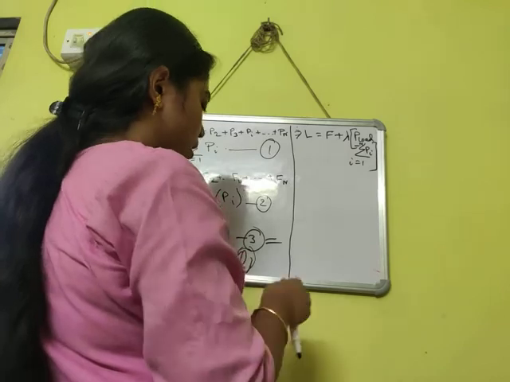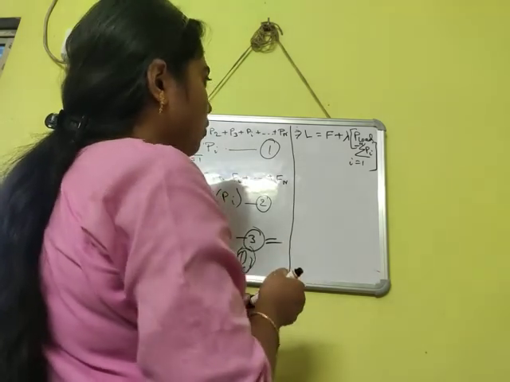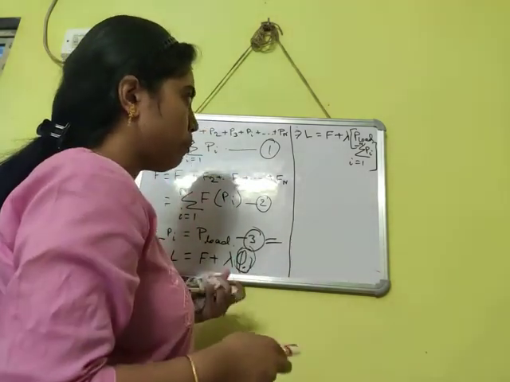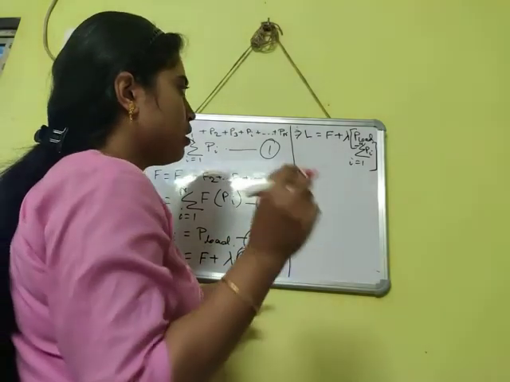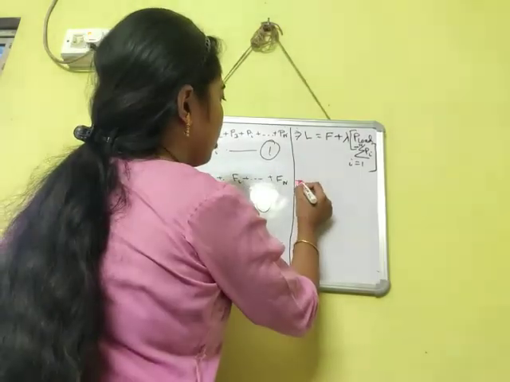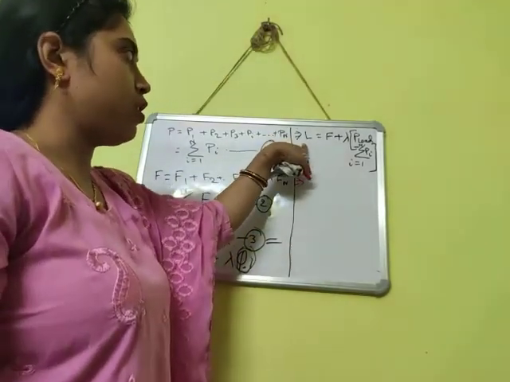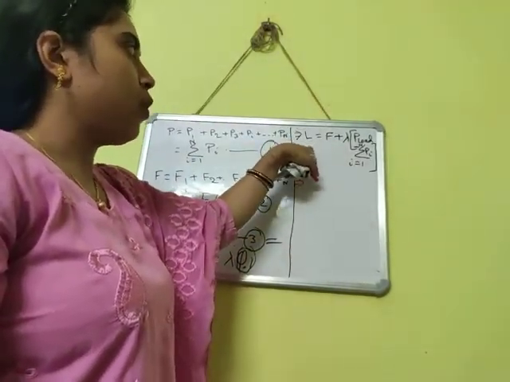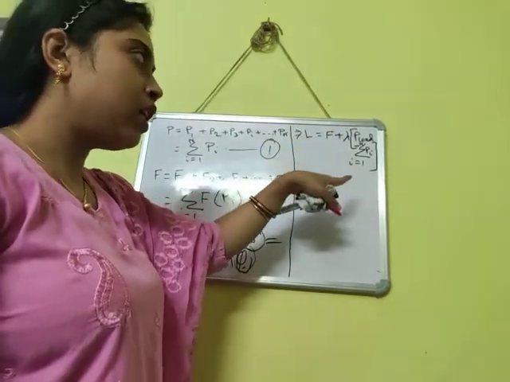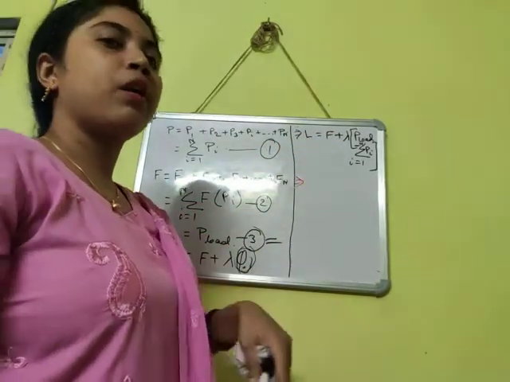The next target is that we have to find out the value of lambda. For that reason, if we do the partial differentiation of the Lagrangian with respect to any independent variable, it will become 0.